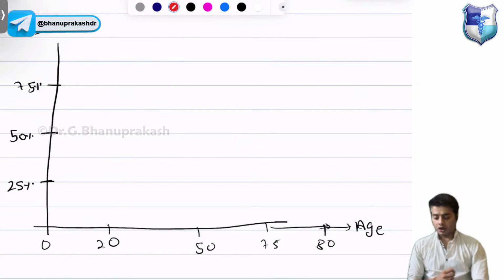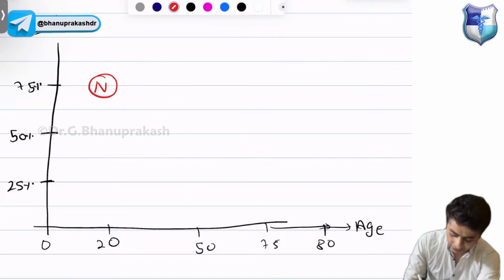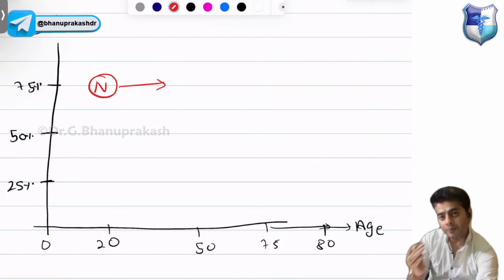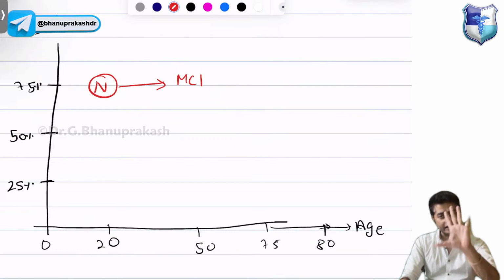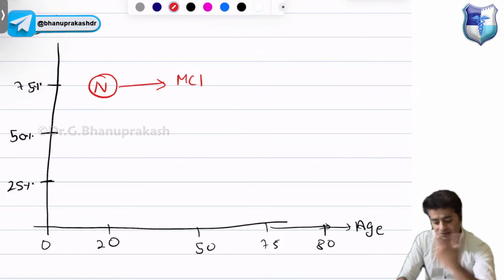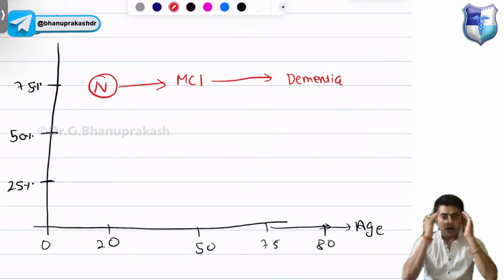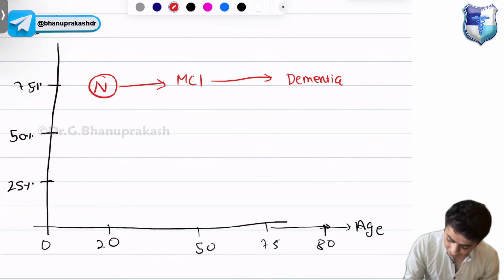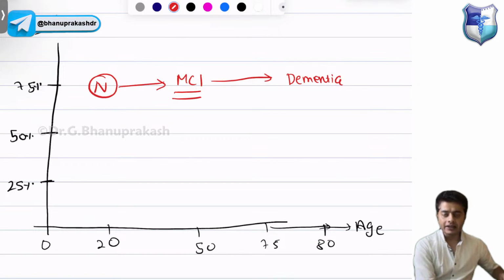Okay. Now, if there is a patient, generally in the starting he would be a normal patient. Then after some time, this patient will progress to MCI. Okay, there will be loss of cognitive function, but daily activities will be normal. And after some time, this same patient will progress to dementia. Our aim is to treat the patient here at MCI, because if we start treating the patient at MCI, then the chances of this patient going to dementia will decrease.